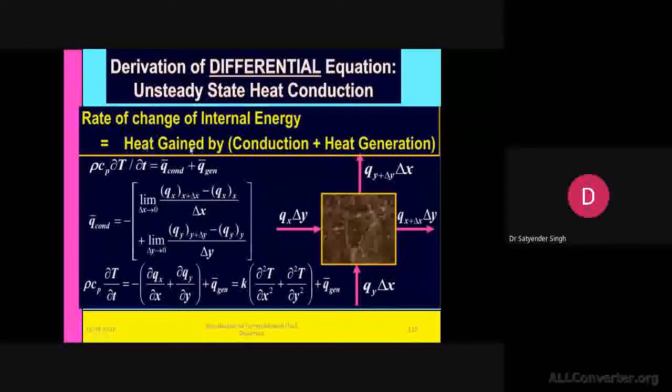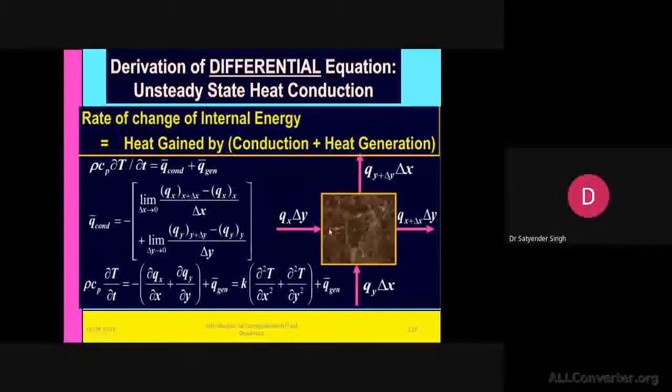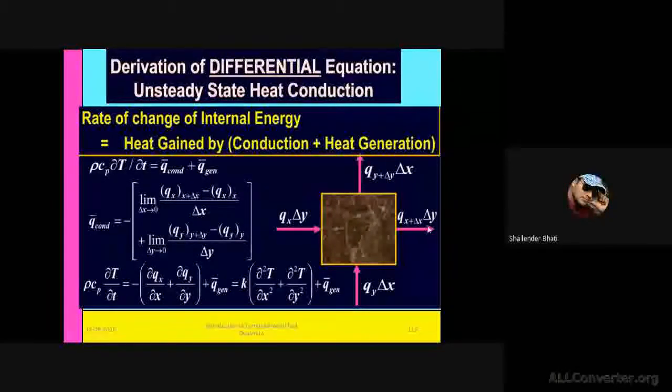Second is heat gained by conduction plus generation. We have written this in this form, where heat conduction is actually flux which is entering at this phase and leaving from this phase, and the difference of it, because we are calculating heat gain, so it will be out minus in. While if we have to count the loss, then it will be in minus out.